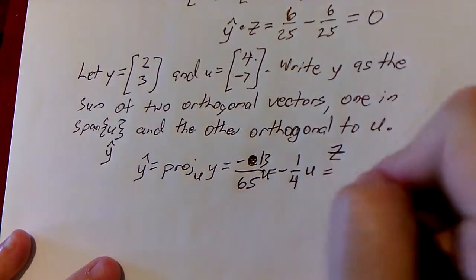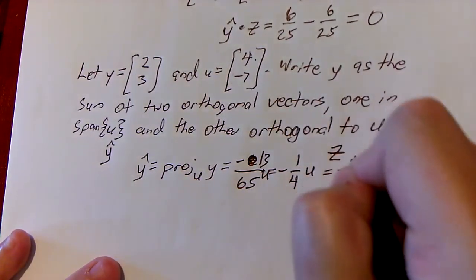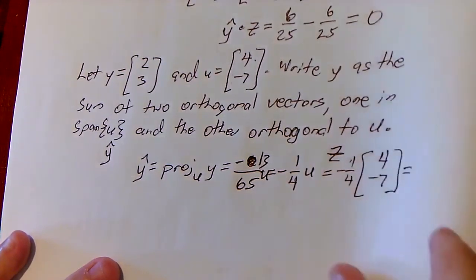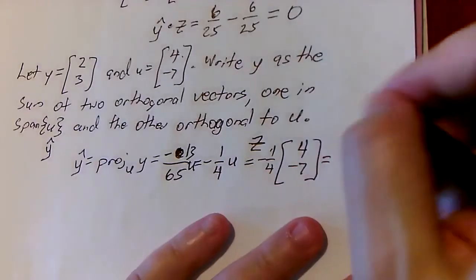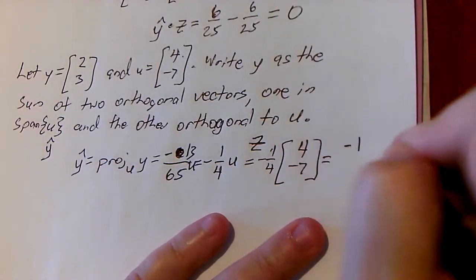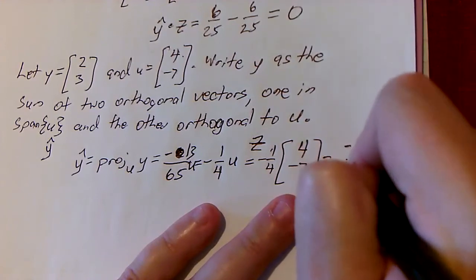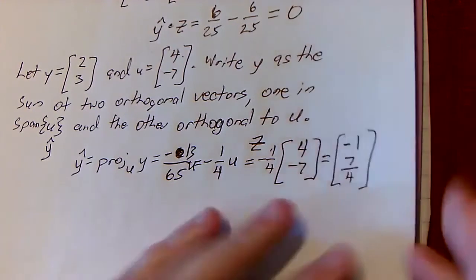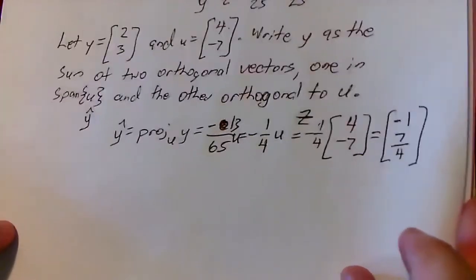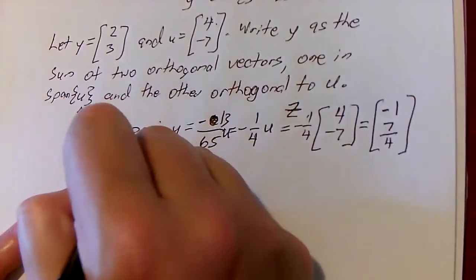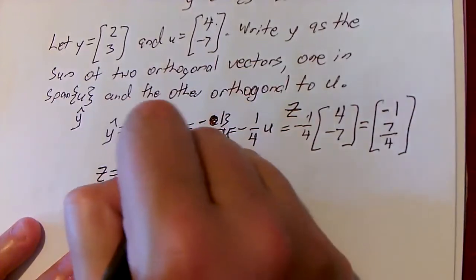So when I multiply 1/4 times u, I'm going to have negative 1/4 times the vector 4, negative 7. So that's going to be negative 1/4 times 4. That's a negative 1. And then negative 1/4 times 7, that's a positive 7/4. So there's my vector y hat. So now to find z, I simply do y minus y hat.